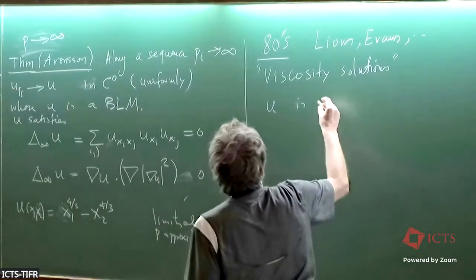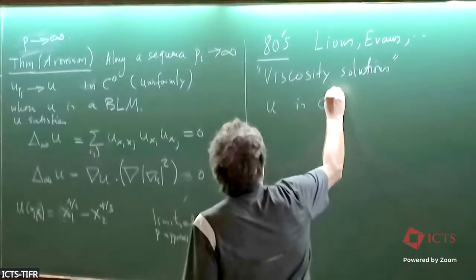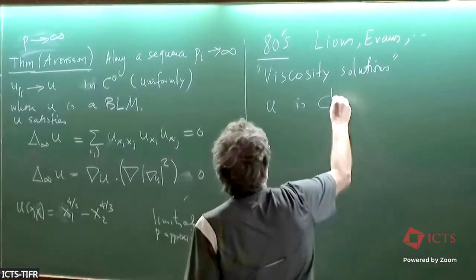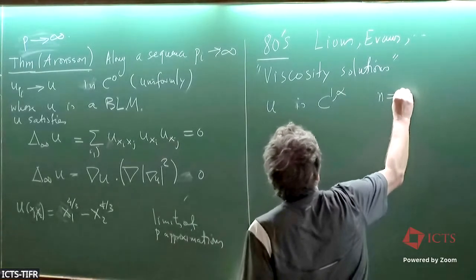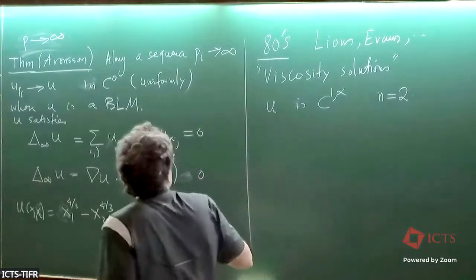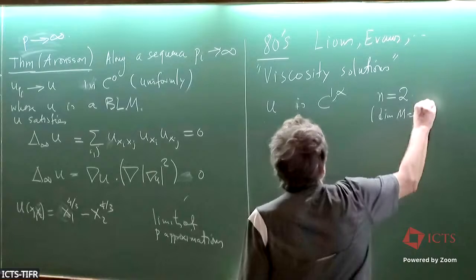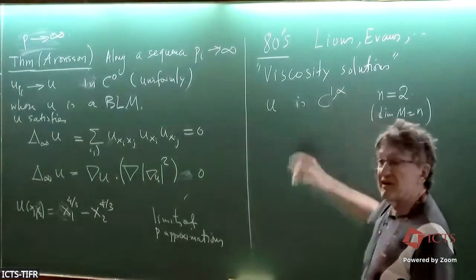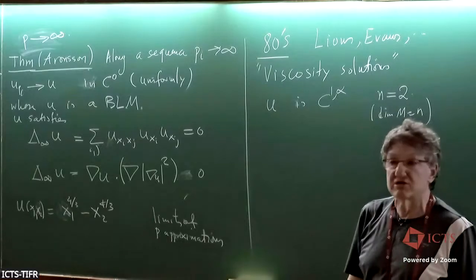In some cases U is C^{1,alpha}, at least for n equals 2, where n is the dimension. This means it's a little bit better than C1, but still not C2. So still you can't write down the equation classically.